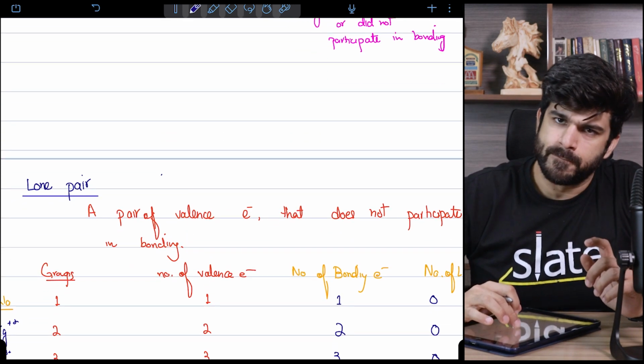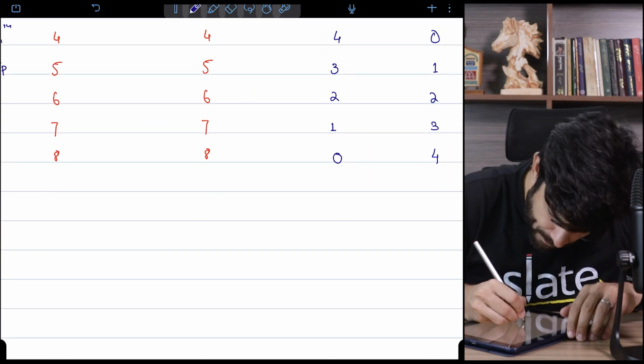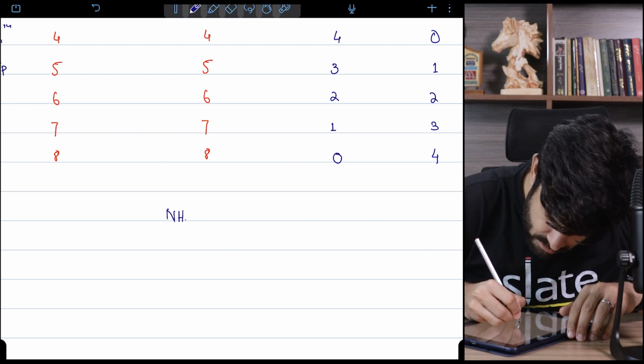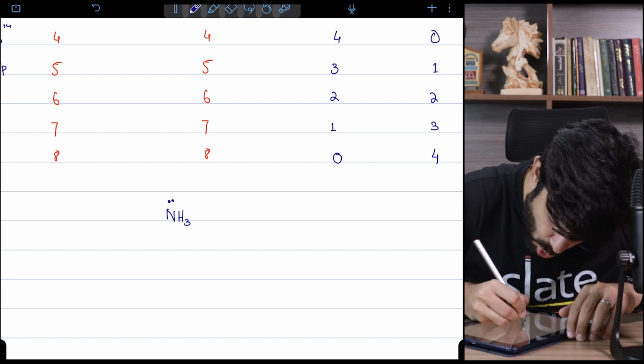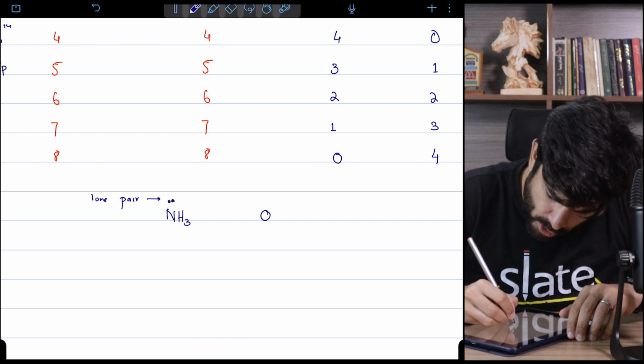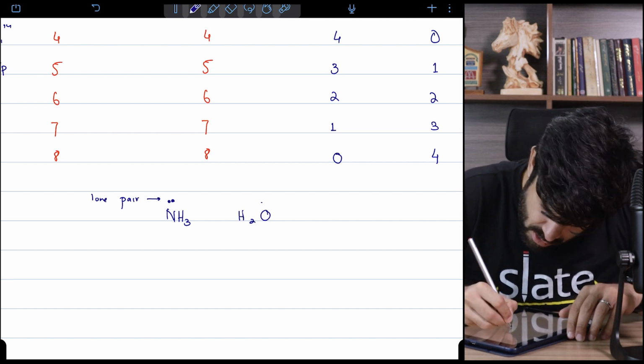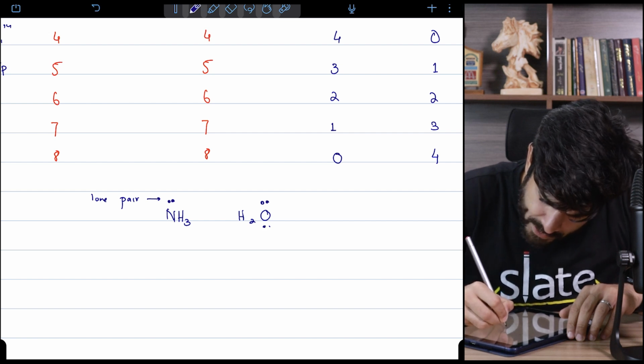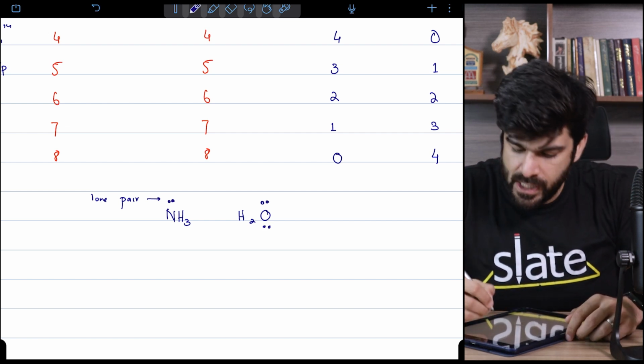And from now on, if you talk about ammonia, you show a lone pair this way. If you talk about water, oxygen's lone pairs shall be seen. Even HCl.